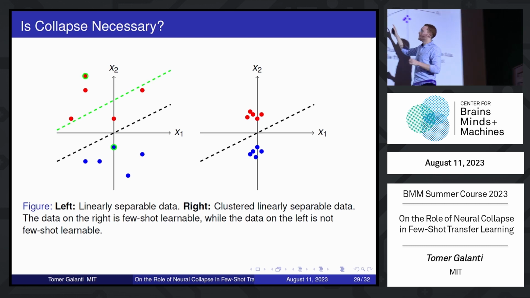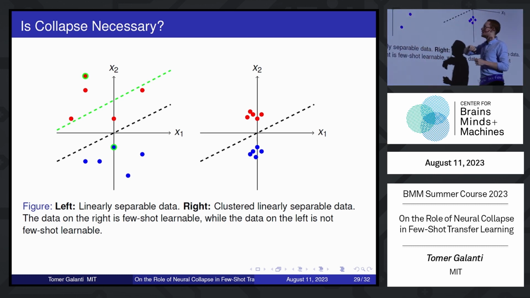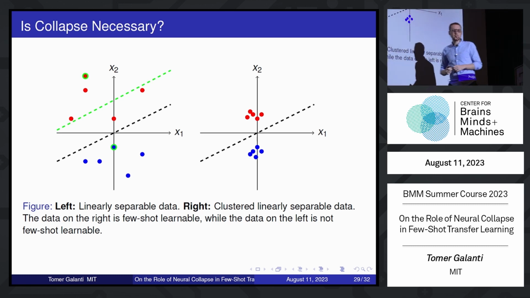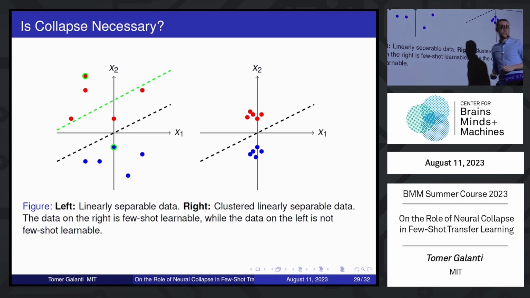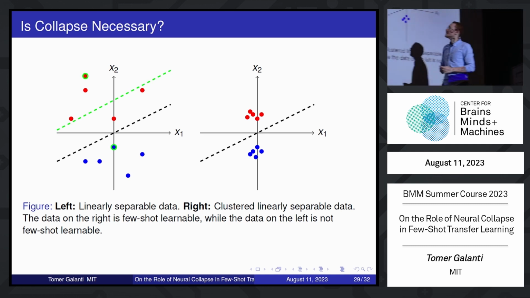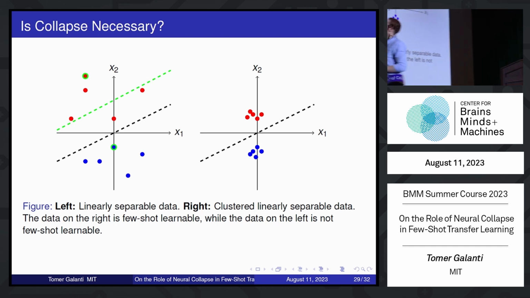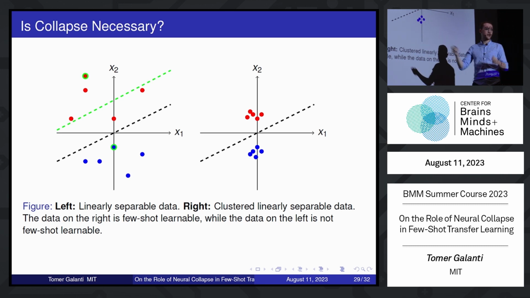What happens if the data is linearly separable, but not clustered? So the neural collapse is not so good, basically the variance is not low. In that case, I could pick any random sample from each one of these classes, right? I could potentially take this one and that one, and then I can take the max margin linear classifier.